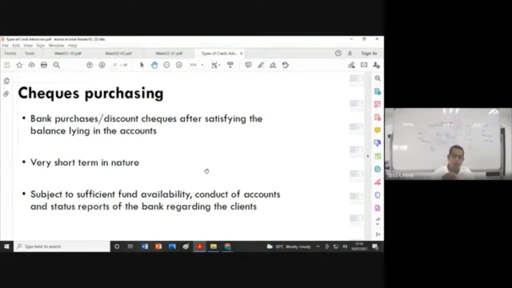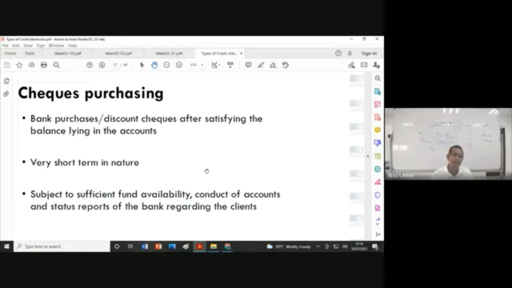What we do, we will call the other bank and see the possibility of getting this check realized tomorrow, right? It is a day or two maximum. For that, we charge 0.5%, right?